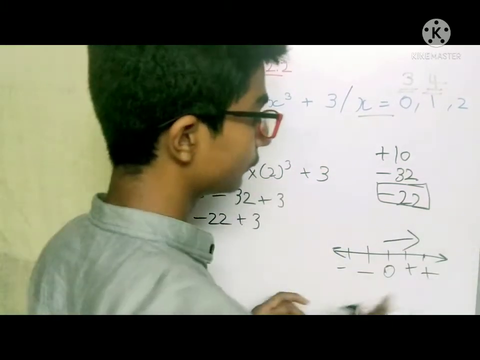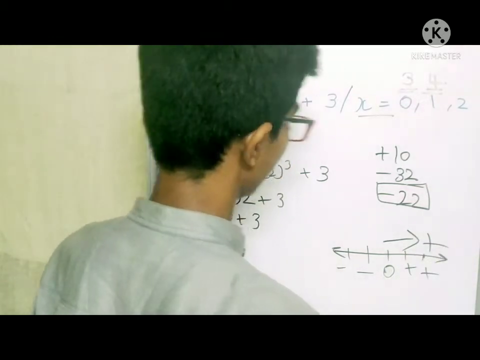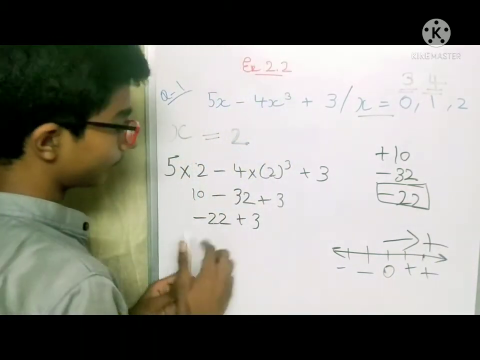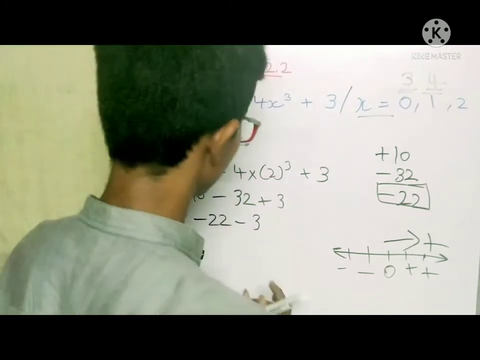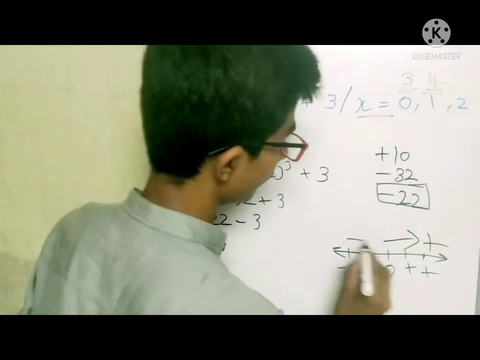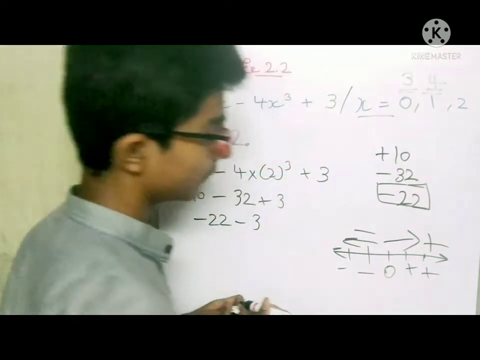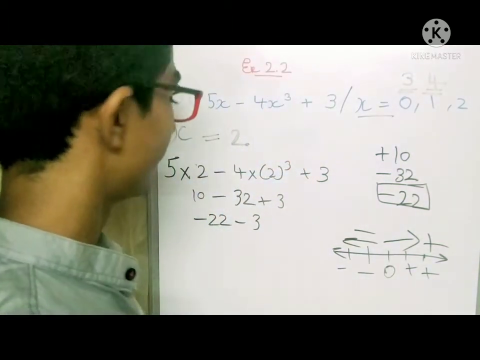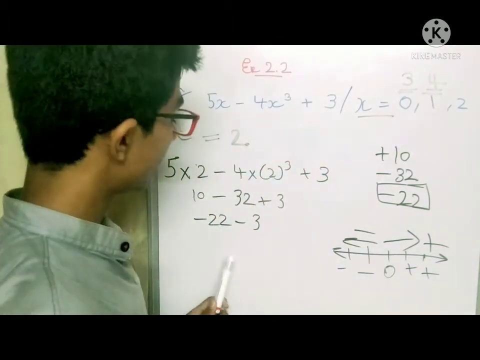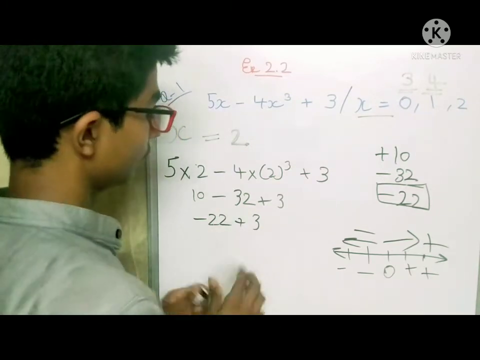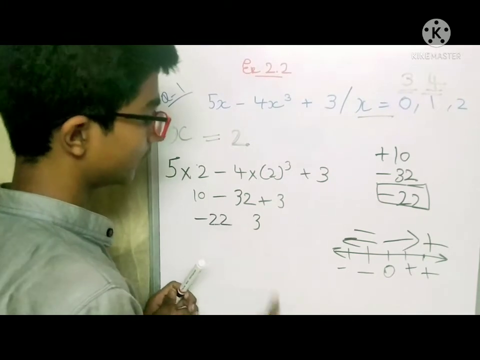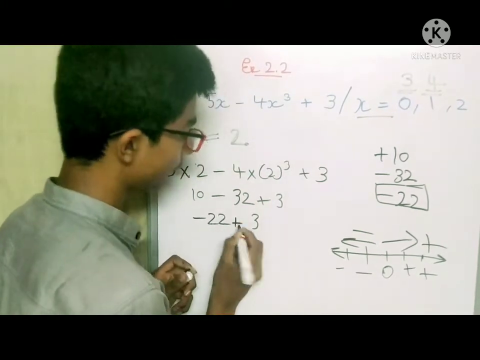If you had to subtract, if it had been written minus 3, you would have to go this way. So whenever you have doubt about where to go in a question like this, remember the number line will show you where you have to go.